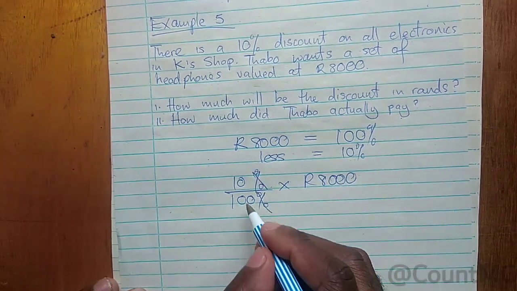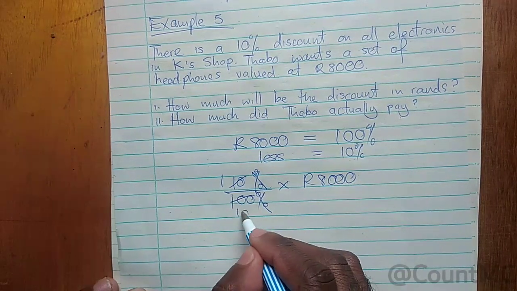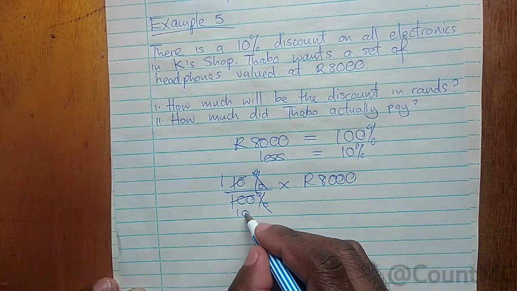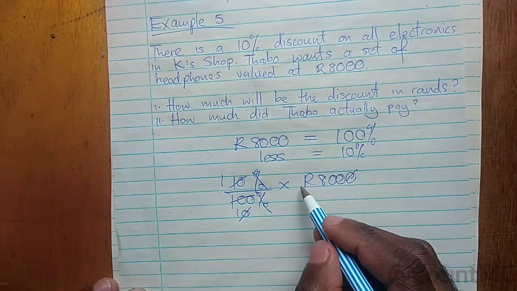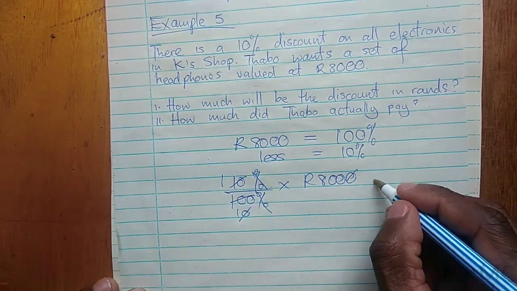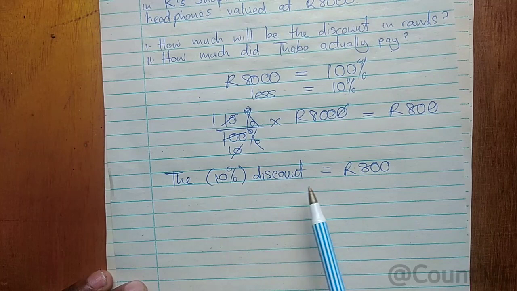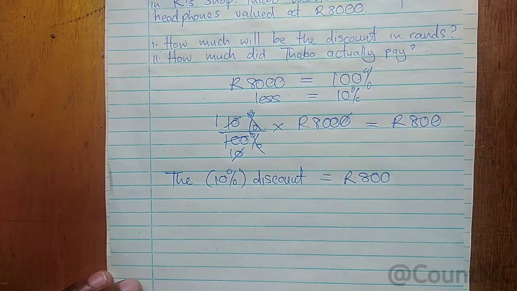Percent and percent will cancel. 10 into 10, 1, 10 into 100, that's 10. A tenth of 8,000, 0 and 0 cancel. You are left with 1 times 800. You are left with 800 rands. So we say the 10% discount is equals to 800 rands.